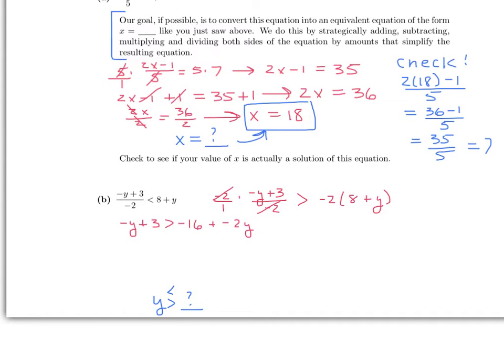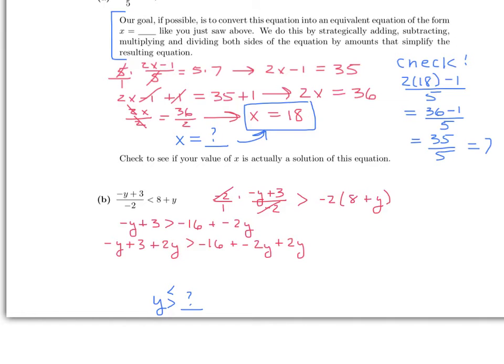So I'm going to take -y plus 3 and add 2y, and then I'm going to take 16 plus a -2y and then add 2y there. So I've added 2y to both sides of the inequality. Notice adding the same amount to both sides of an inequality doesn't cause you to need to change the direction of the inequality symbol.